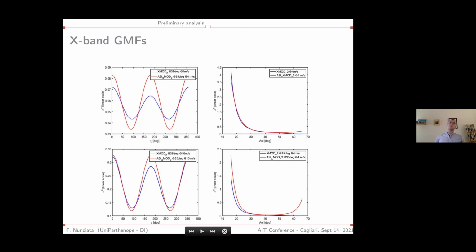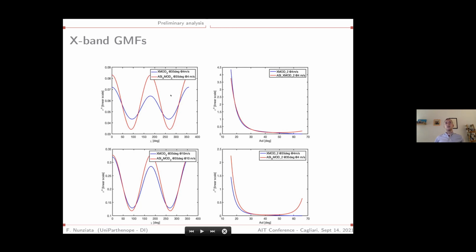Then we also implemented the state-of-the-art X-band geophysical model function, in particular XMOD2, which is operationally applied to estimate wind from the German TerraSAR-X satellite. And in red, we have the so-called Italian Space Agency version of this XMOD, the ASI XMOD2.